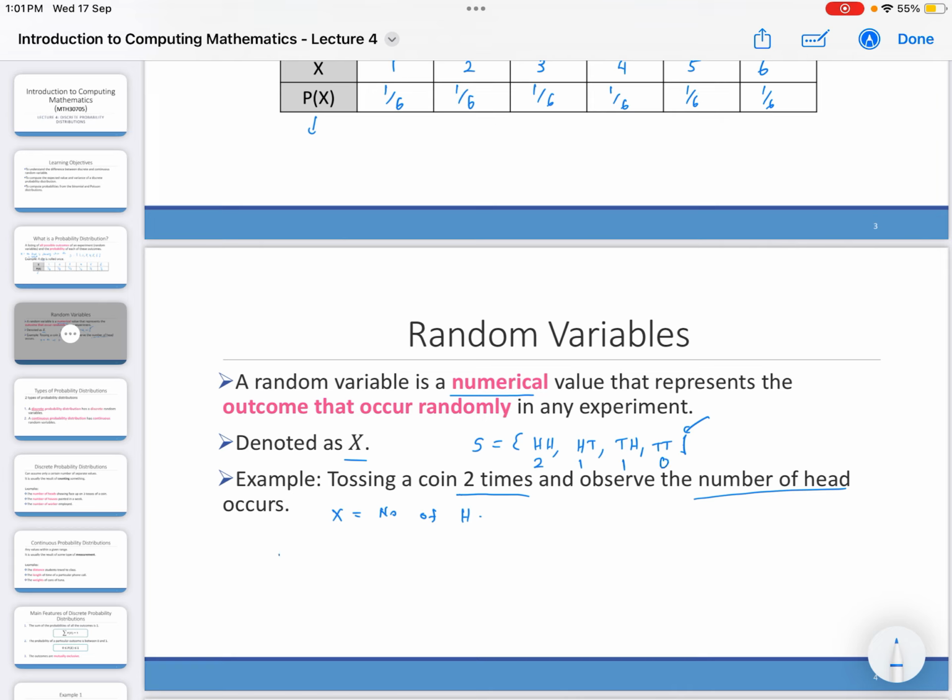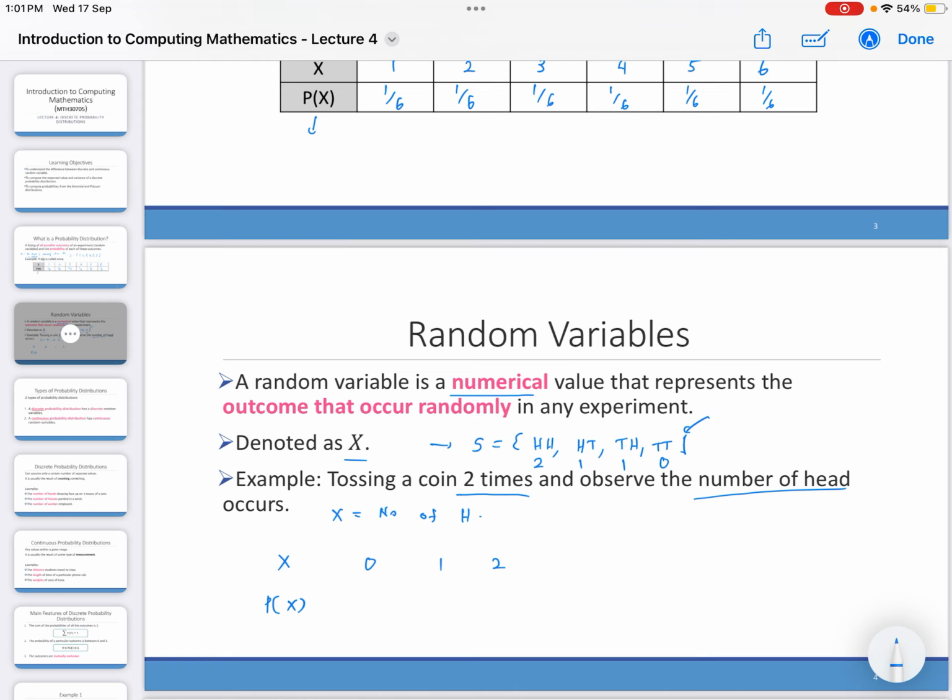For this random variable, we can list all the x and also the probability for each x. So we can put it in a table. x can start from 0, meaning no head, or 1, or 2. This is based on the sample space here.